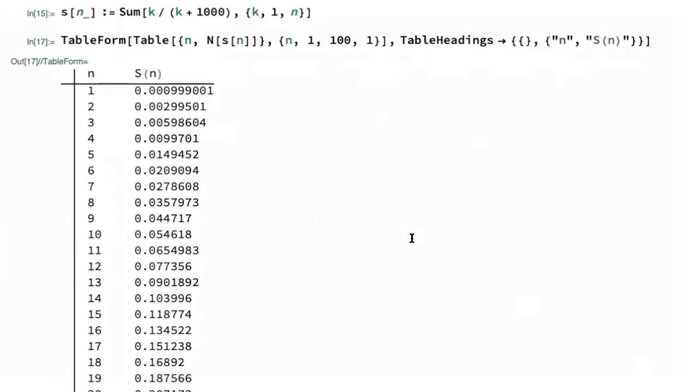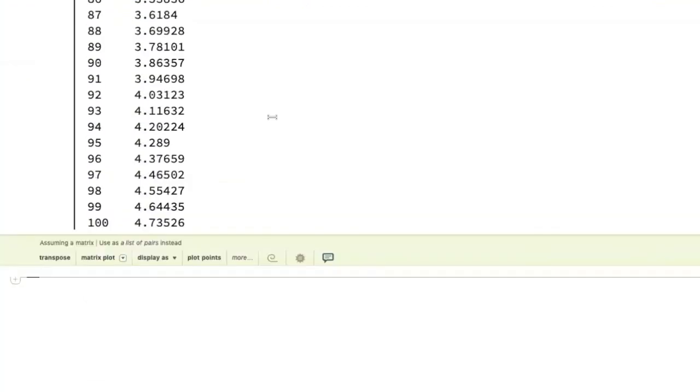Now I can use Mathematica to generate my terms for me as well, because these decimals are going to be pretty small. But instead of using the function that is the sum, if I want to focus on the individual terms, I don't want to be storing my function in that way.